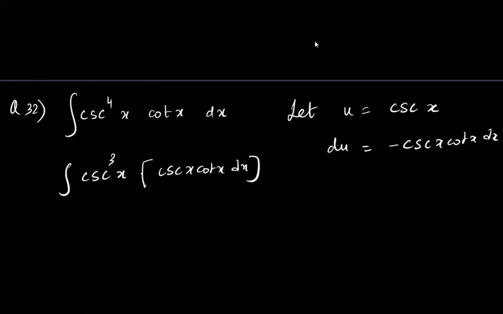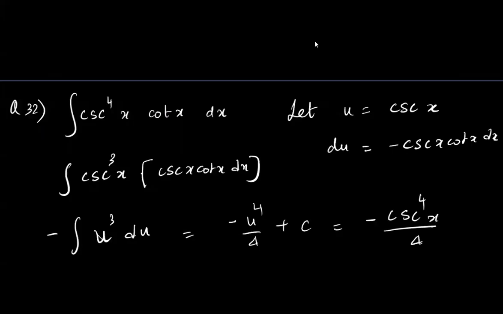So then this becomes negative u cubed du. Okay, so then it is negative u to the power of 4 over 4 plus c, which is negative cosecant to the power of 4 x over 4 plus c.